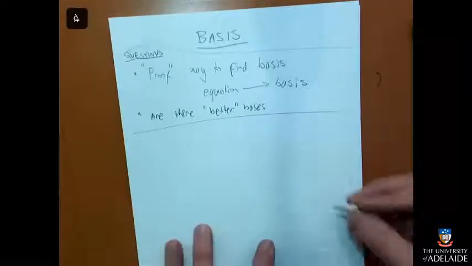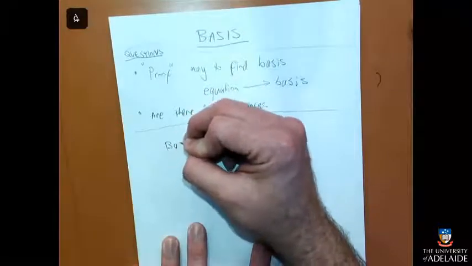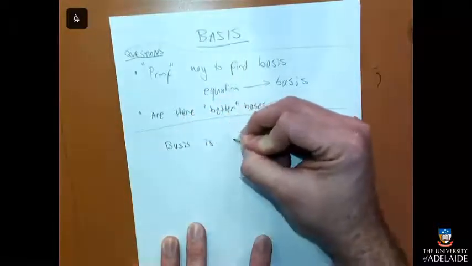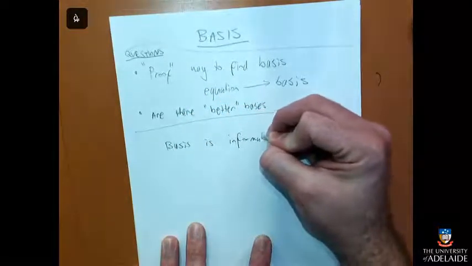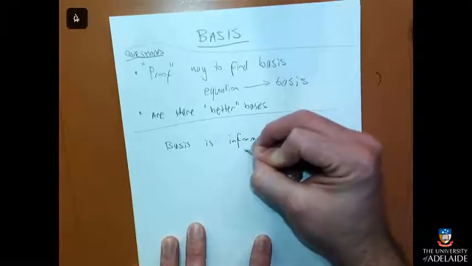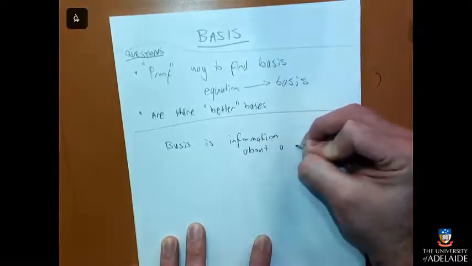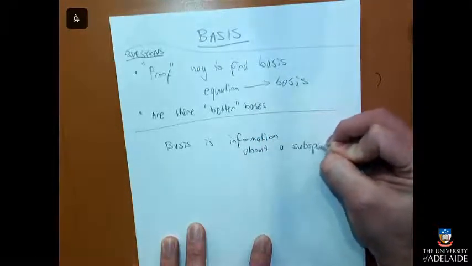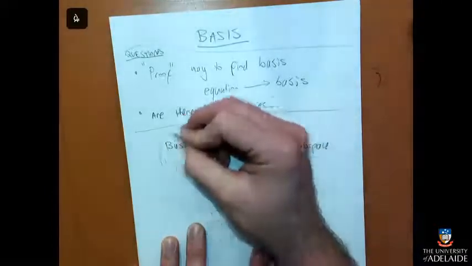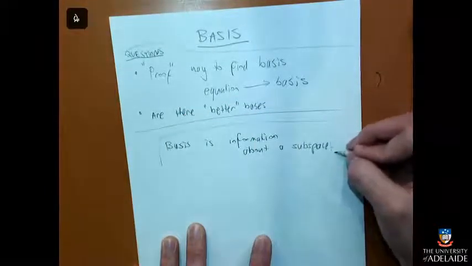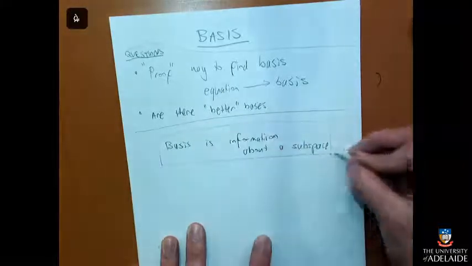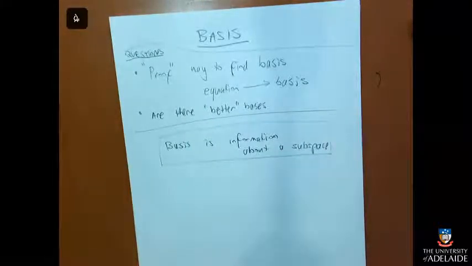But anyway, a basis is a piece of information about a subspace. Now, that doesn't tell you what it is, but that's what it's for. I find that a useful way of categorizing information.